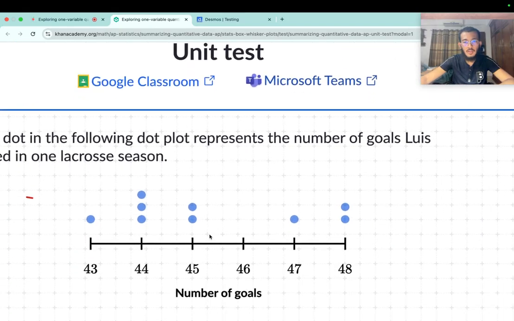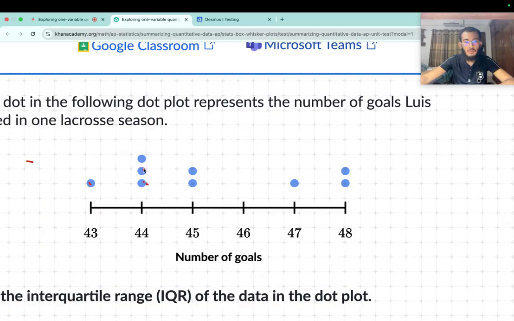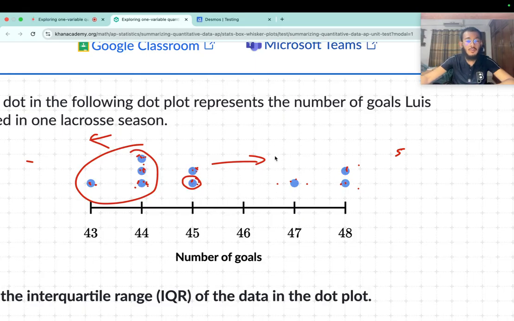How many data do you have? 1, 2, 3, 4, 5, 6, 7, 8, 9. So 9. What is the median? The fifth data. If this is the median, then we have 4 data on the left and 4 data on the right.